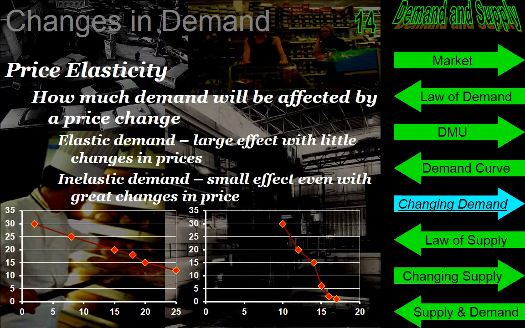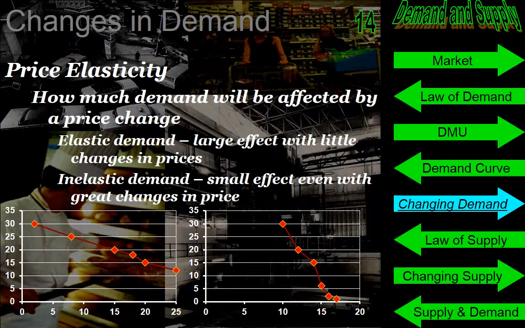That's a significant elastic demand type of curve. However, we can take a look at the one on the right using the same scale, and we say that this curve has more of an inelastic demand because as we're going from $30 to no dollars, we're going from approximately 10 to 17 items.